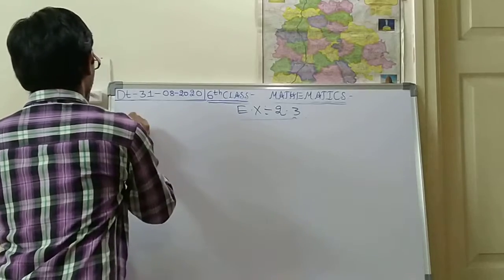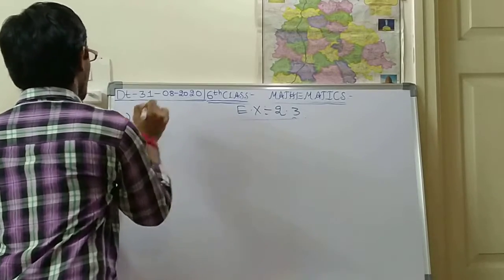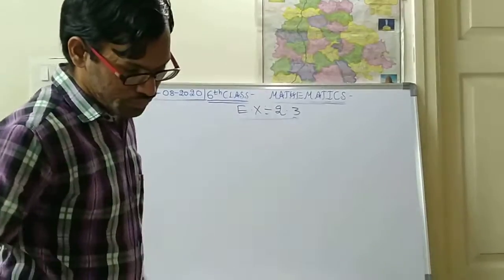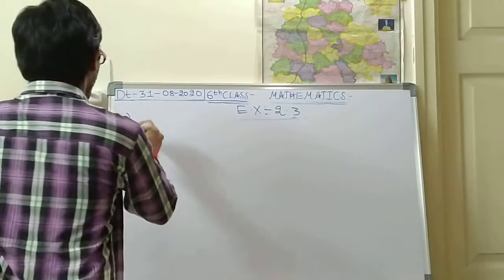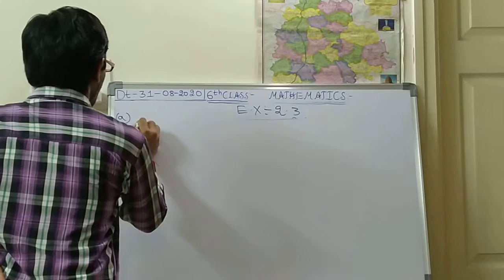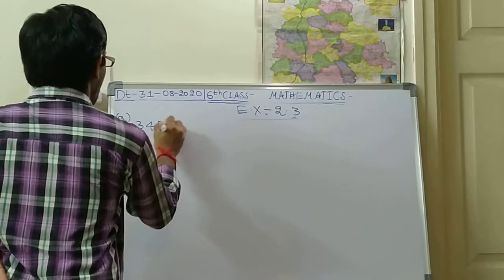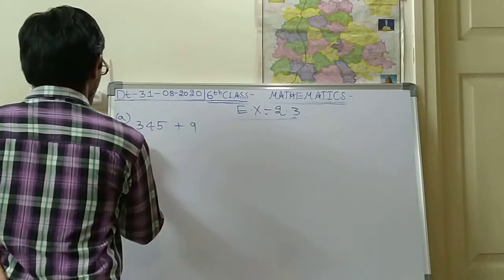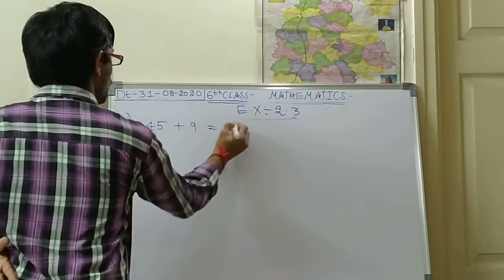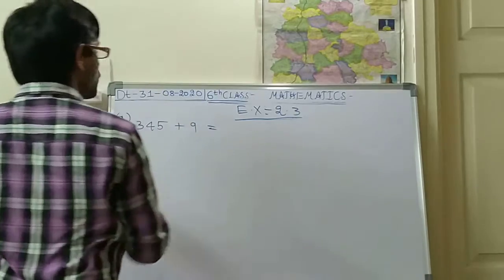So first, A problem. Same pattern of numbers, I will be giving. So 345 plus 9, next B is equals to. With the help of patterns you should do.